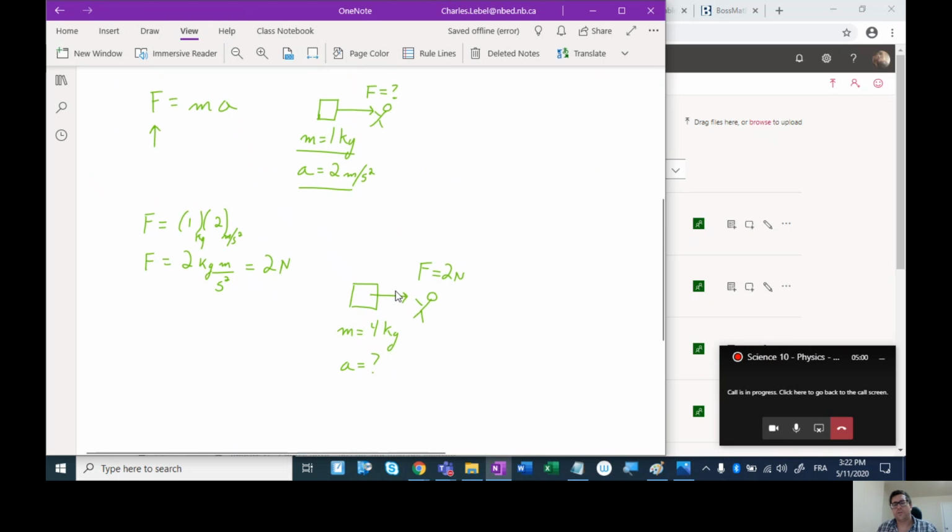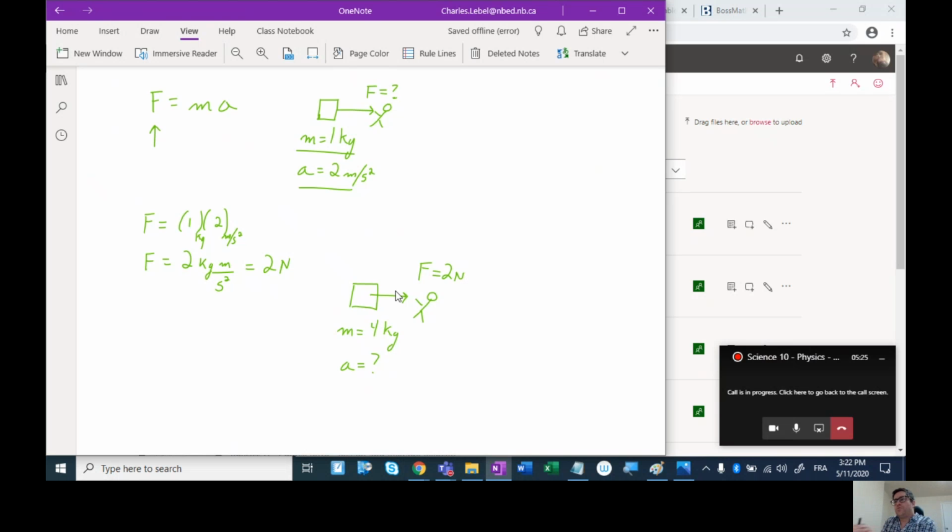Because think about it, the person is pulling with the same strength, but the object is more massive. We also have to think that it's on ice. It's not on the ground, it's on ice, okay? Friction will come in Physics 11. We'll talk about friction. But for now, imagine in space, imagine on ice.